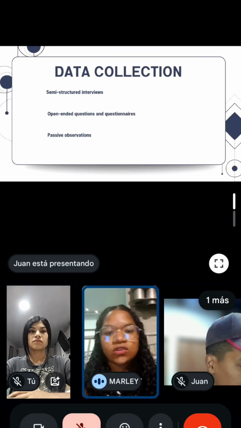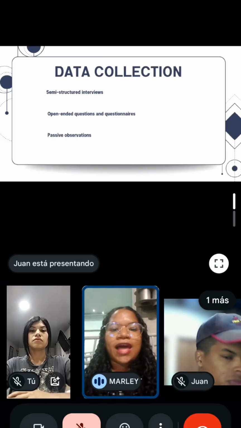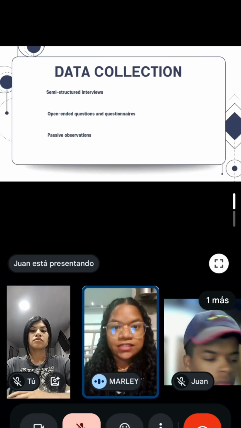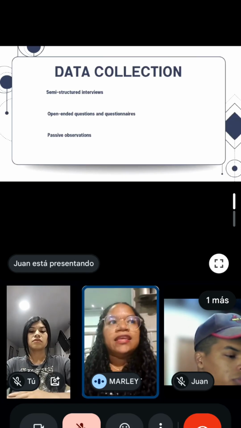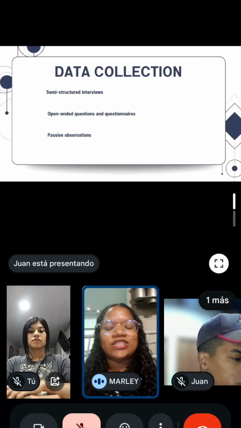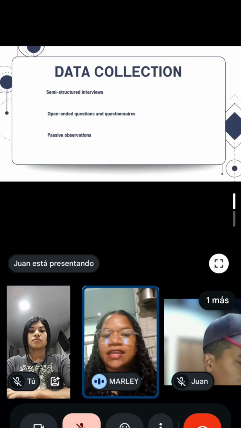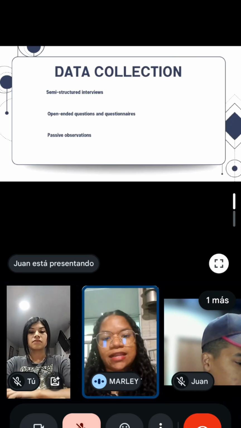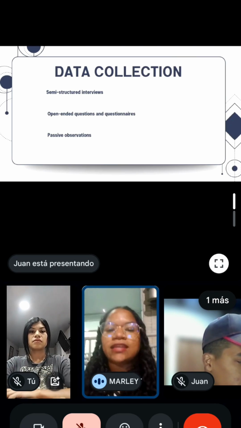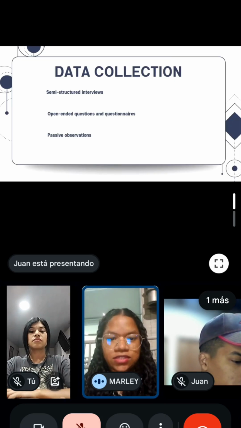This method is useful because it allows us to collect data from a larger group of students, not just one. Their responses help us identify similarities and differences in their access to educational materials, which is directly related to their socioeconomic status and academic success.